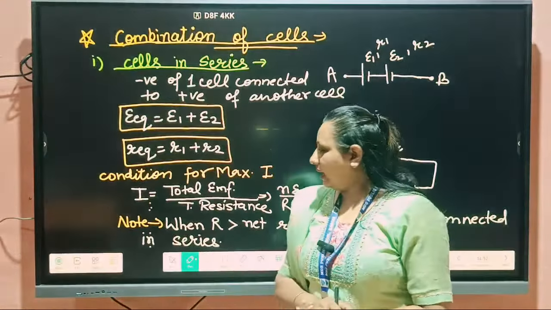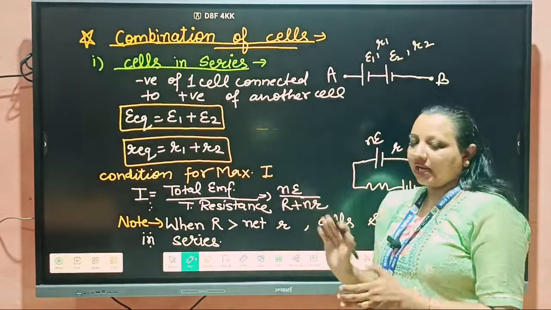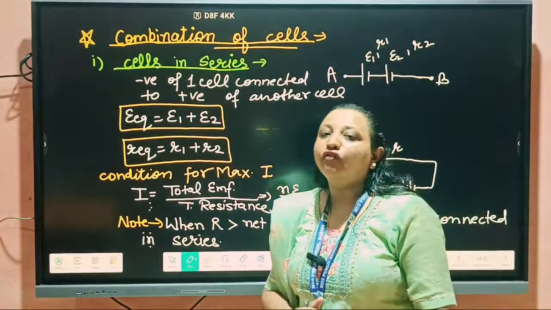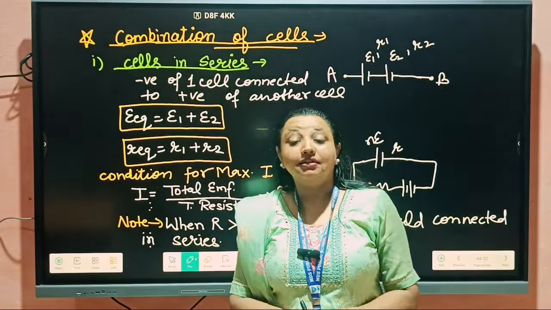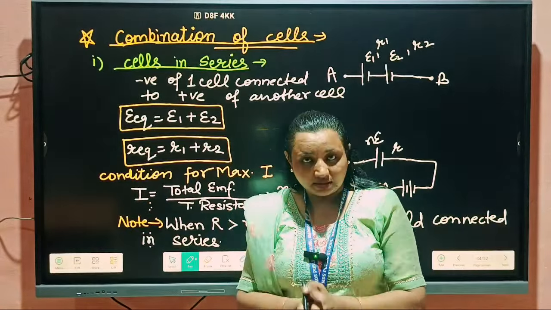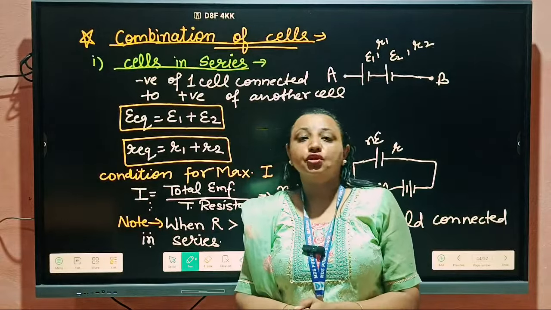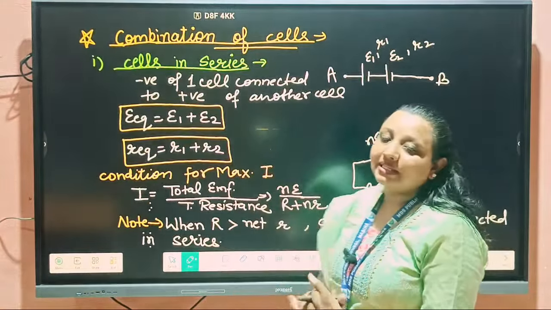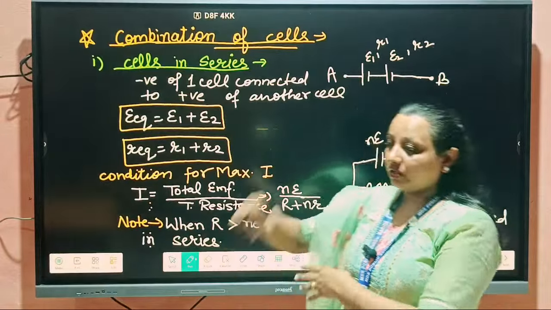So this is the condition: I is equal to nE upon R plus nr. This is the formula. And what you have to remember: if the value of external resistance is greater than the net internal resistance, then the cells should be connected in series combination. So these are the formulas when the cells are connected in series combination.